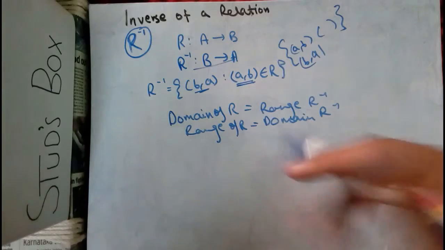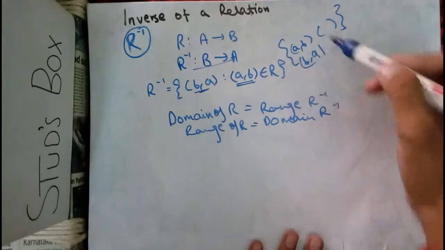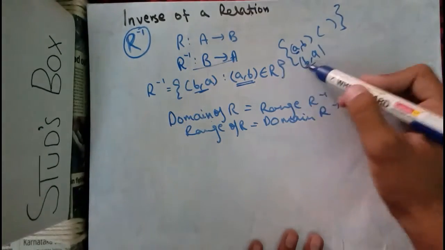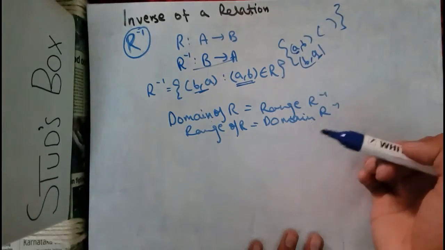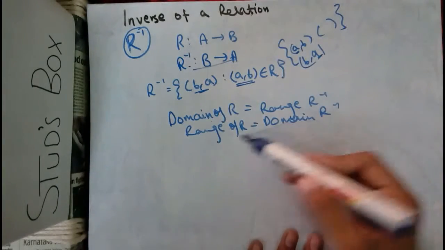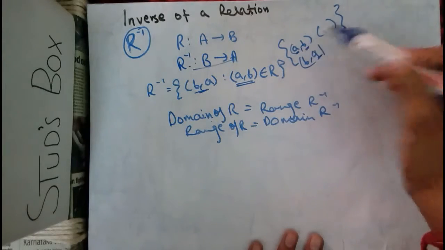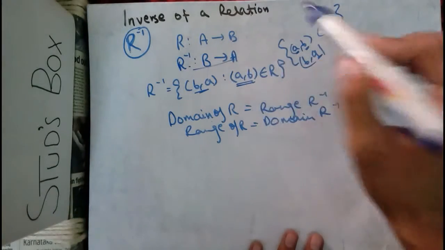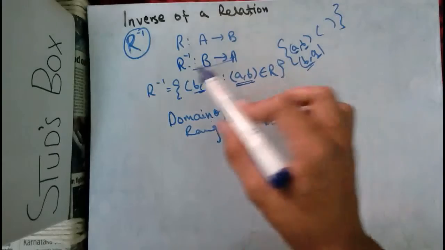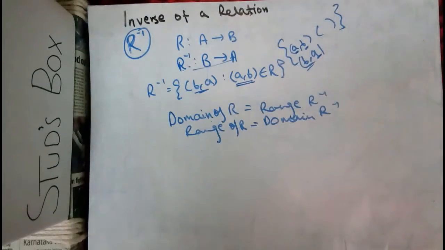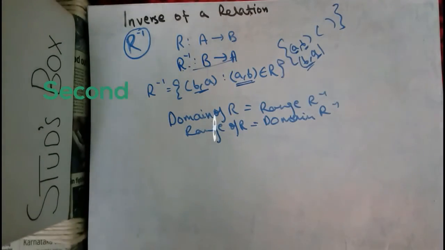Hence our domain, that is our first entry, will become our second entry in R inverse, and our range of R, that is the second entry in A to B, will become our first entry in R inverse, that is B to A. Let's do a question on it.